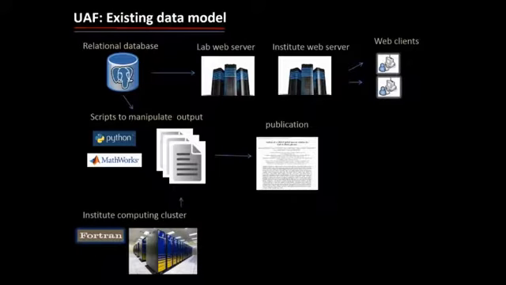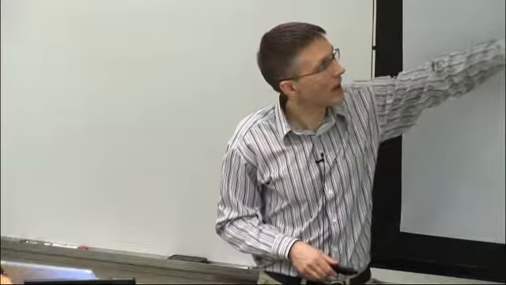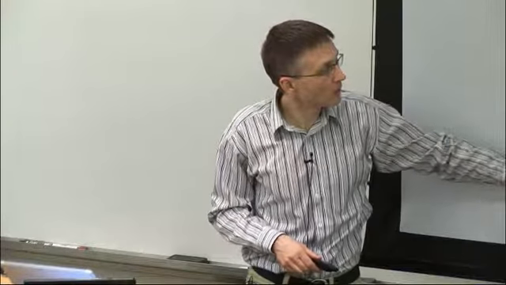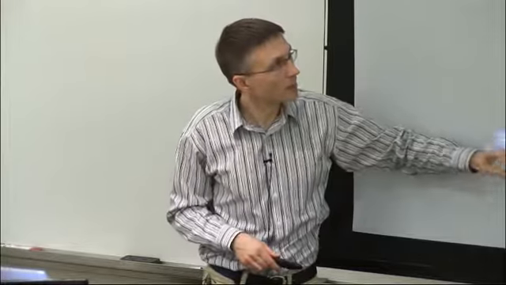This is the model that in my lab I've been trying to develop, which I think is a bit of a step forward over the last couple of years. The core of it is to build a relational database for all of our work. We still write scripts to call into that and do our analysis. If we're doing any modeling, we run that off an institute computational supercomputing cluster.